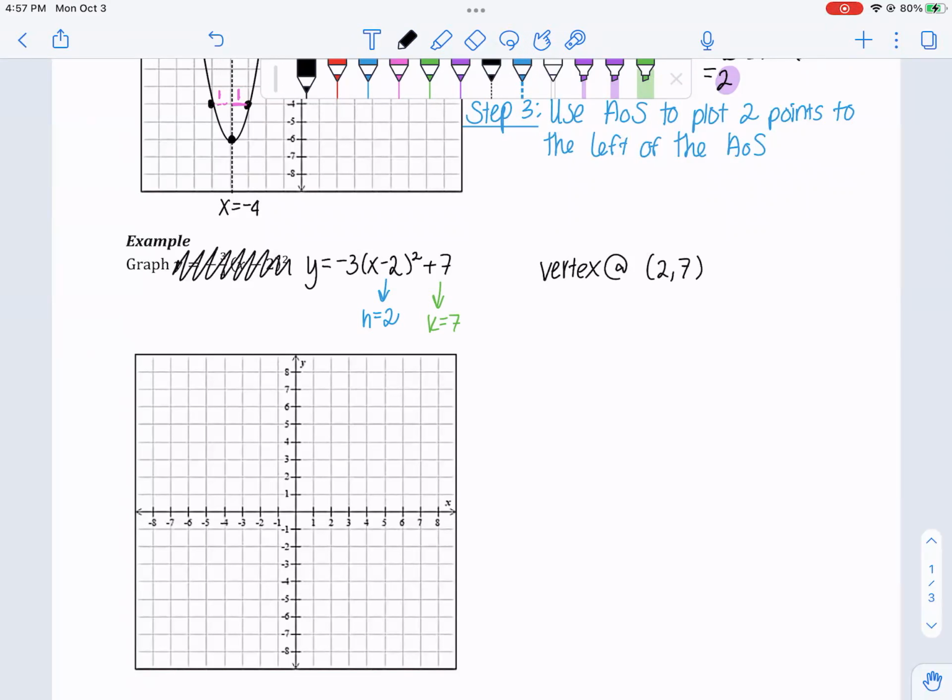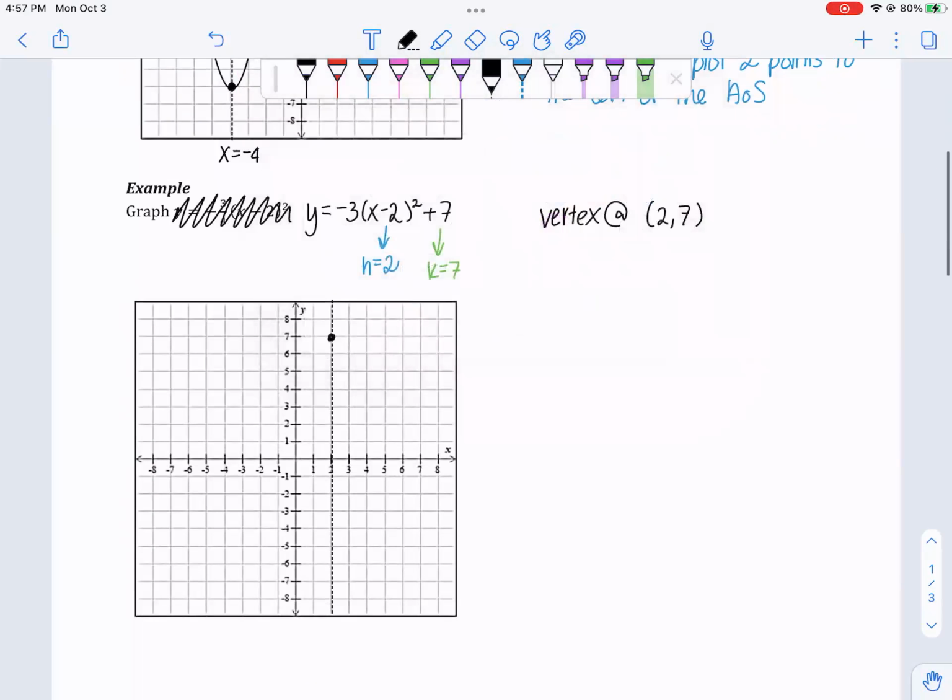Over 2, up 7. There's my vertex. With it, I can plot my axis of symmetry. The equation of this line is going to be x equals 2. It's always x equals the x value of the vertex.